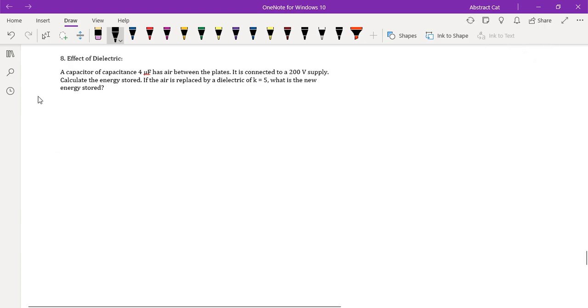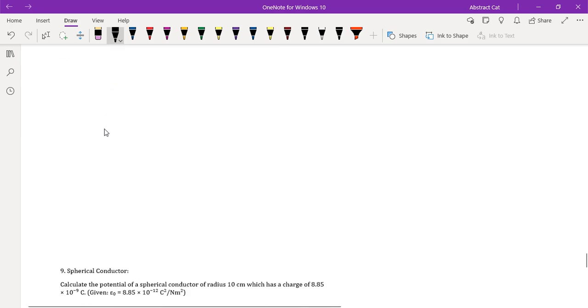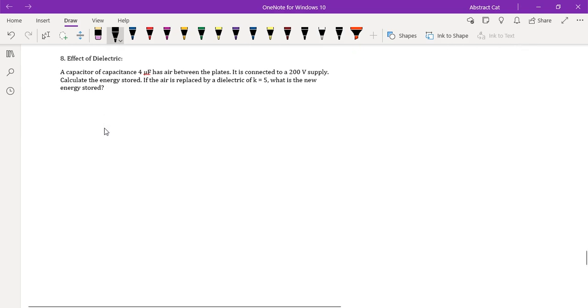Effect of dielectric. A capacitor of capacitance 4 microfarad, with air between the plates, is connected to a 200 volt supply. Calculate the energy stored if the air is replaced by a dielectric of constant K. What is the new energy stored? So now the old energy U old is half CV square, half, C is 4 microfarad, 10 to the power minus 6, and V is given 200 square.